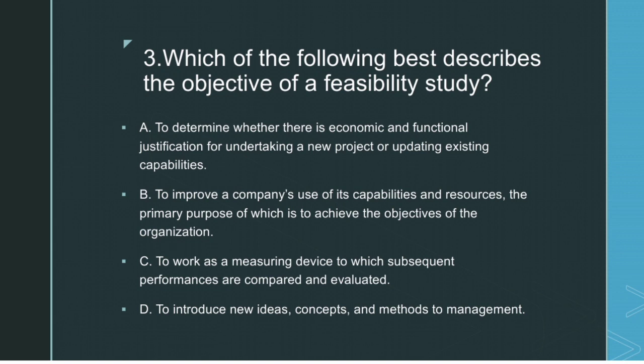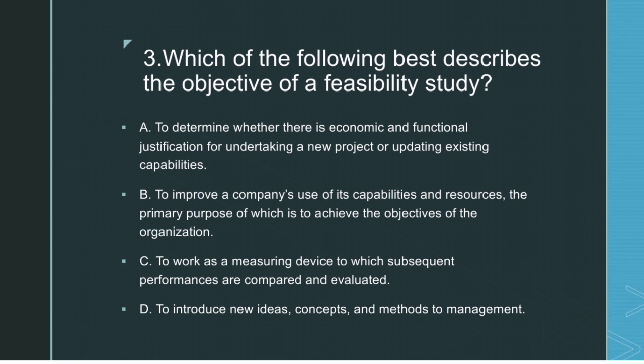Third question. Which of the following best describes the objective of a feasibility study? A. To determine whether there is economic and functional justification for undertaking a new project or updating existing capabilities.